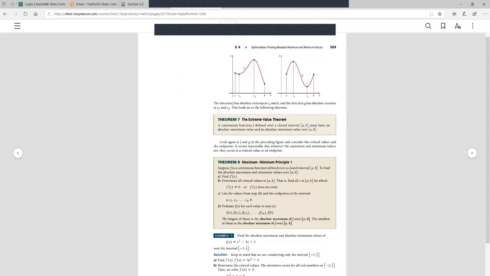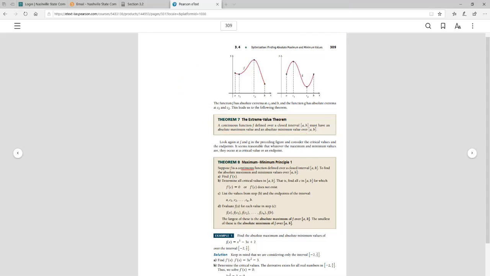Theorem 8 is called the maximum minimum principle, and it says suppose f is continuous and defined on a closed interval. To find the absolute maximum and minimum values, the first thing we do is set the derivative equal to 0. Why would we set the derivative equal to 0? Well, look back at the graphs at the top of the page.